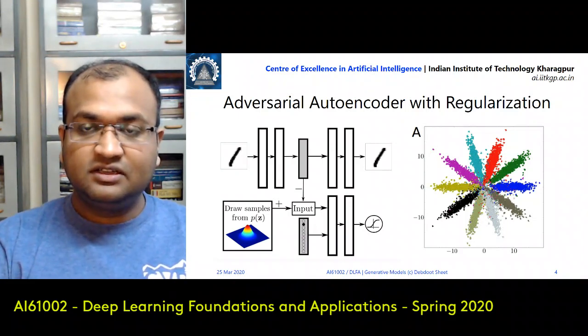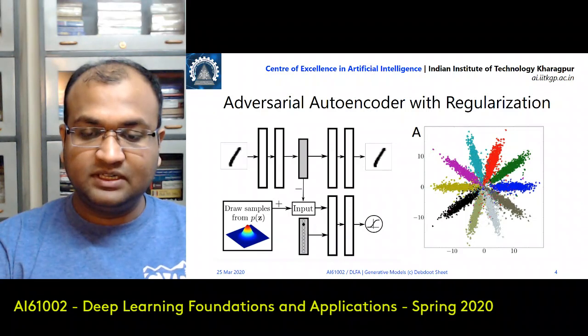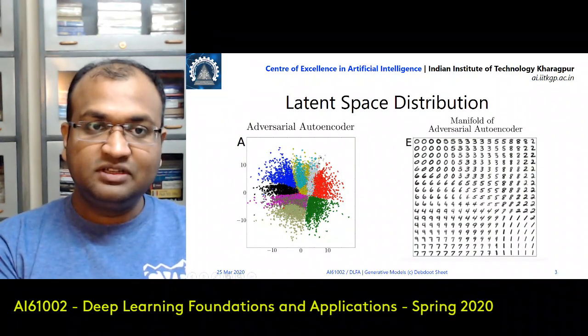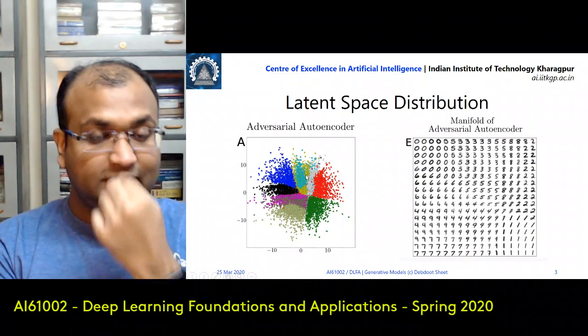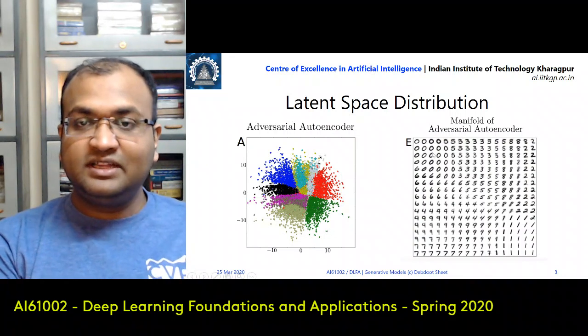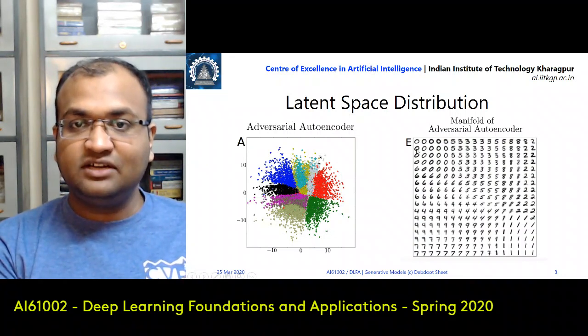Now here, there are different ways of changing it. If you look into this earlier case, I can draw a random number from this kind of a distribution and feed it to the decoder, so I will get some digits. But then I don't have control of which kind of digit I am generating.